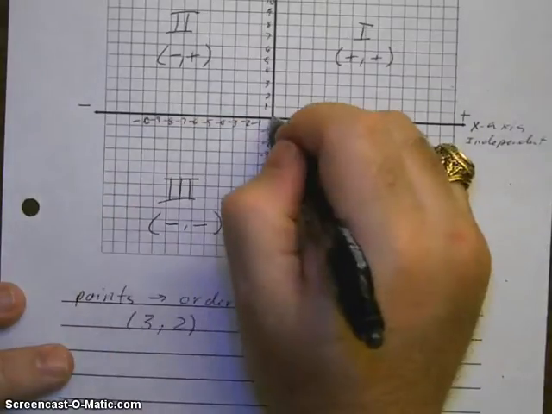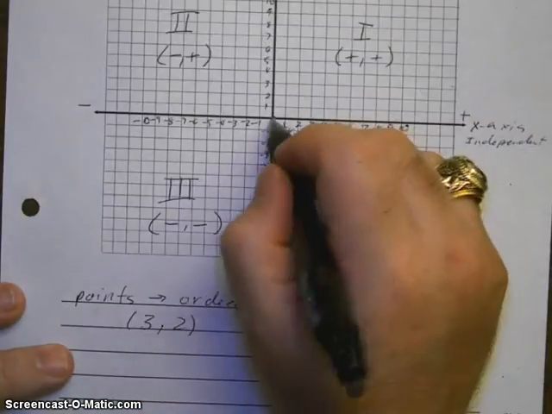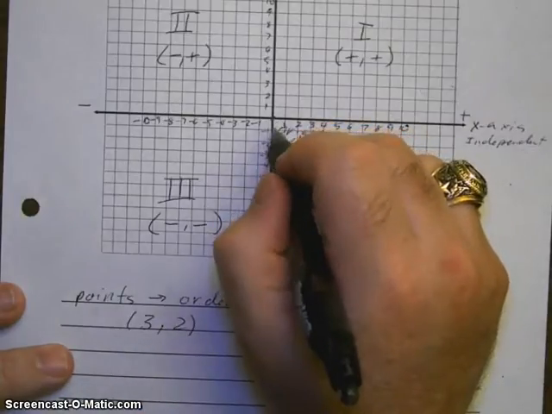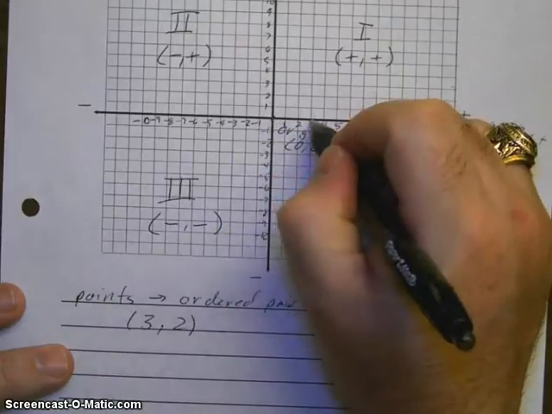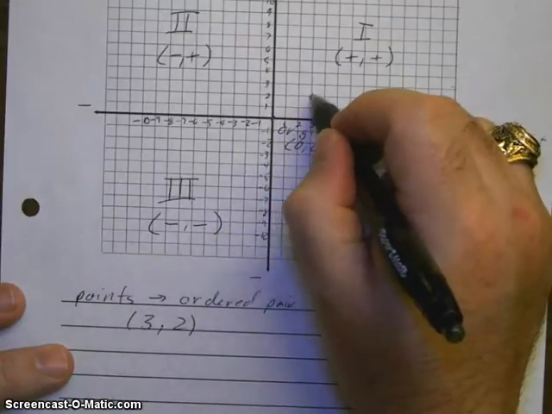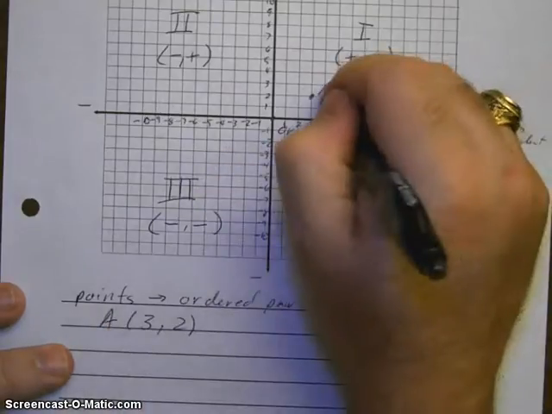This, of course, being 0, 0 is where we start. So if we're going to plot the point 3, 2, starting at 0, 0, we go to the right 3: 1, 2, 3. Then we go up 2: 1, 2. So there's the point 3, 2. I'm going to call that point A.